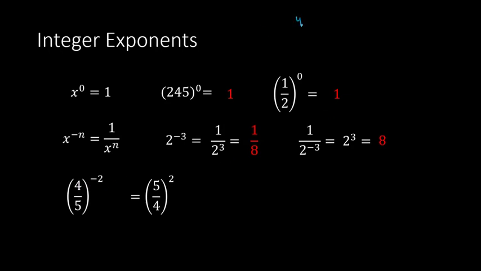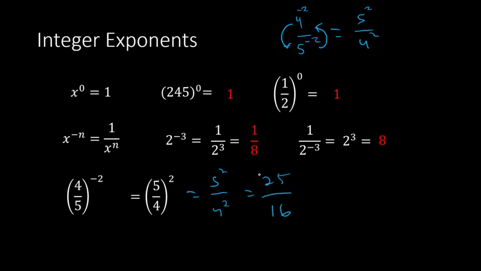So what we would have is 4 to the negative second power over 5 to the negative second power. And the negative exponents move those parts. So up here, this would go to the bottom, and because this is a negative exponent, that goes to the top. So we have 5 squared on the top, 4 squared on the bottom, which would be 25 over 16. So your final answer is 25 over 16.